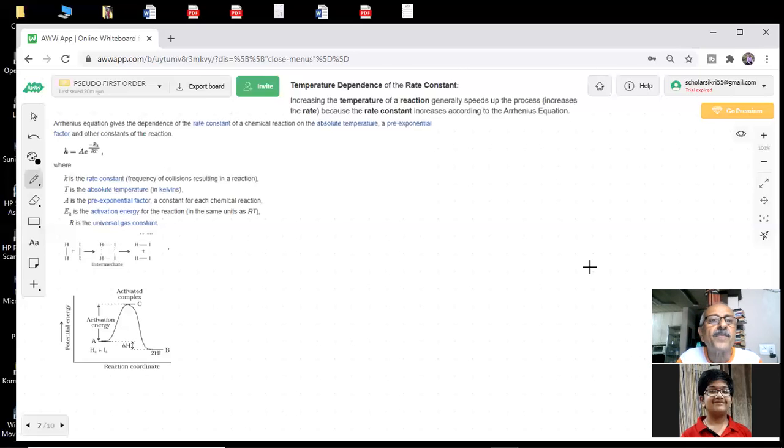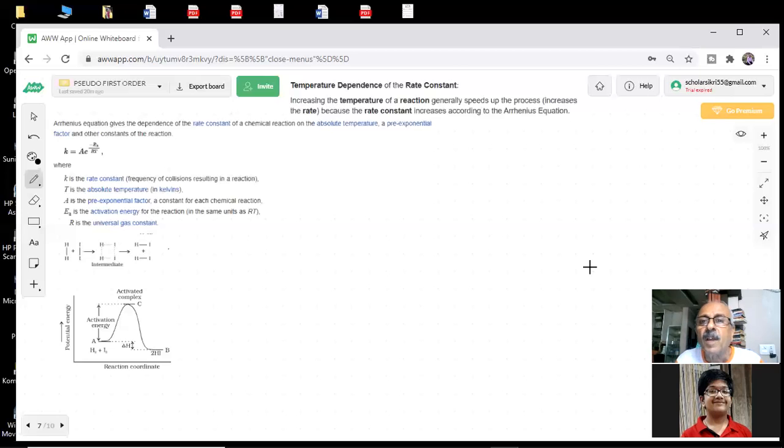Arrhenius gave a mathematical equation which gives the dependence of the rate constant of a chemical reaction on the absolute temperature, a pre-exponential factor and other constants of the reaction.